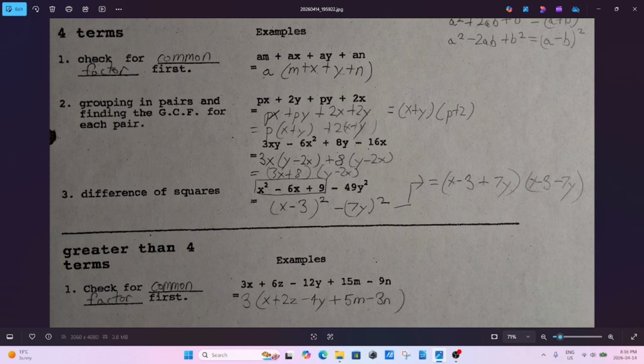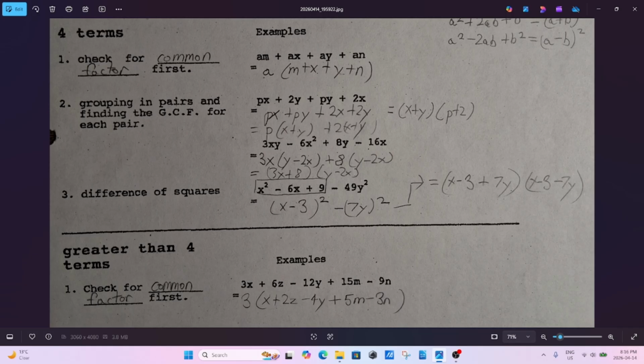Difference of squares, we have x squared minus 6x plus 9 minus 49y squared. So we can see that the first 3 terms are just x minus 3 squared, right, because x squared gives you x squared, and then minus 3x times 2 is minus 6x, and negative 3 squared is plus 9, so it becomes x minus 3 squared.